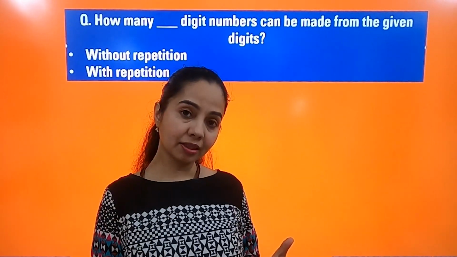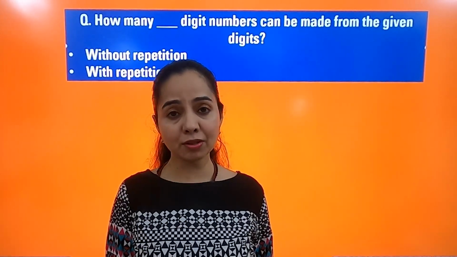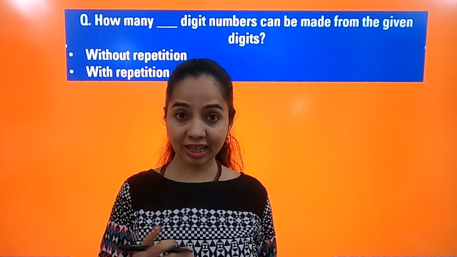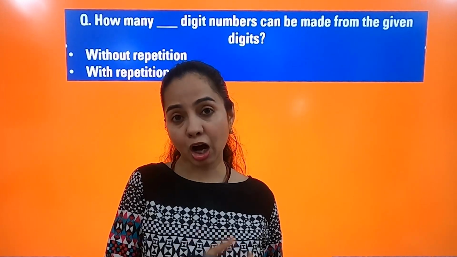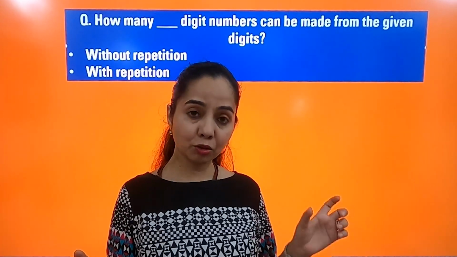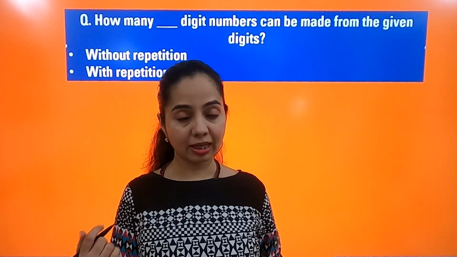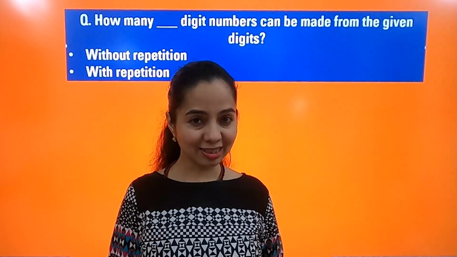And they will also give the digits with which you have to form those numbers. Then we have to find out how many different numbers are possible with those particular digits, with repetition and without repetition. Is it making sense to you?